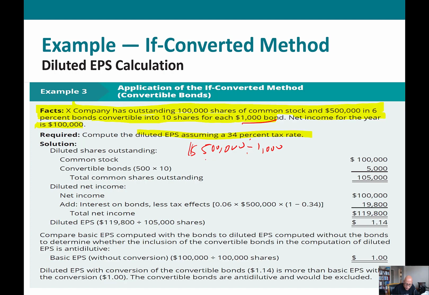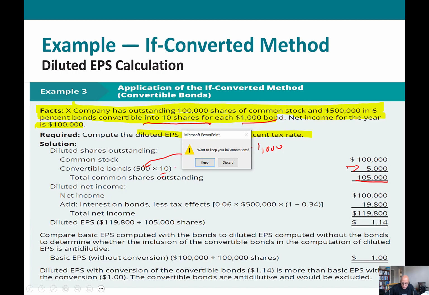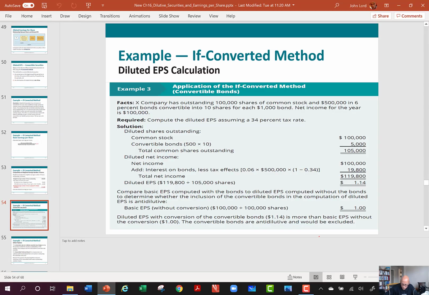So we've got the 500 bonds, and each bond can be converted into 10 shares of stock. If you take those 500 bonds times the 10 shares, we would end up issuing 5,000 additional shares, for 105,000 shares outstanding. That's going to affect my denominator in this example.